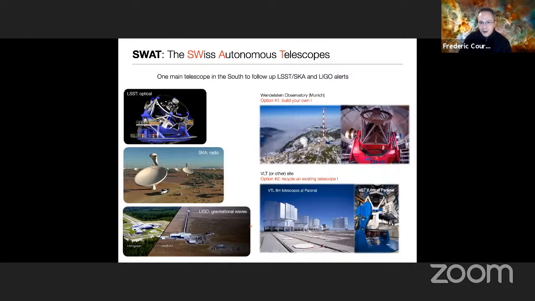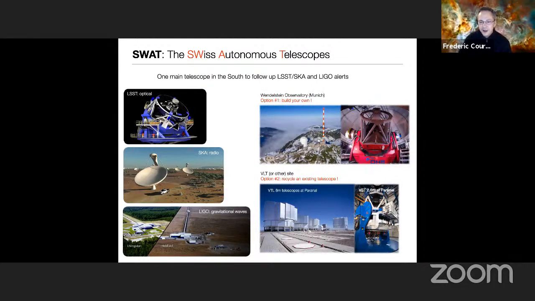Now, how to do this? Or let's say, one way to do this. That's the telescope we want to follow up: gravitational waves, radio here, and optical here. Either you build your own telescopes. That has been done near Munich: a 2-meter telescope that you can buy for a few million, actually not from any company, but from one single company in Germany.